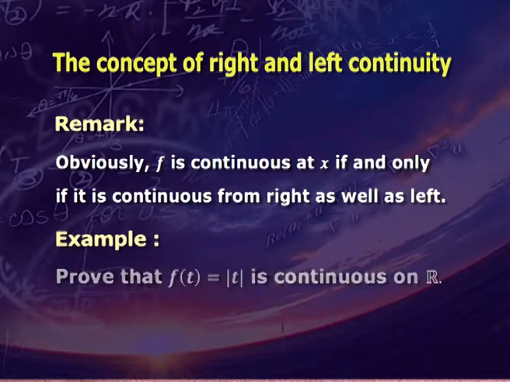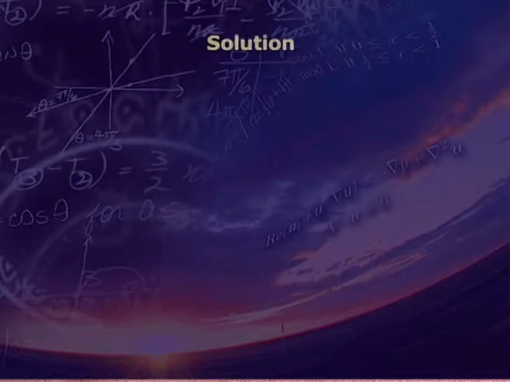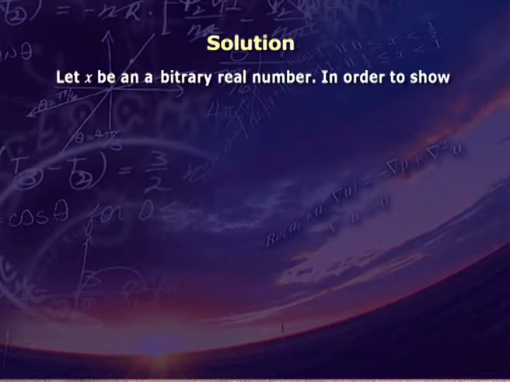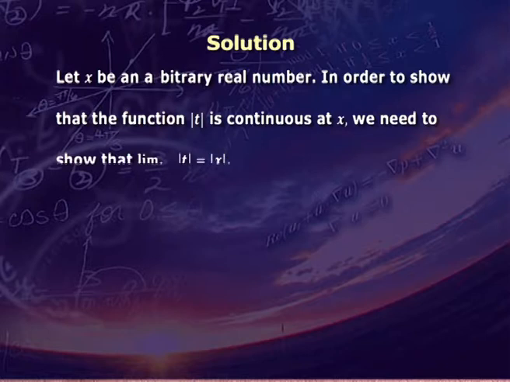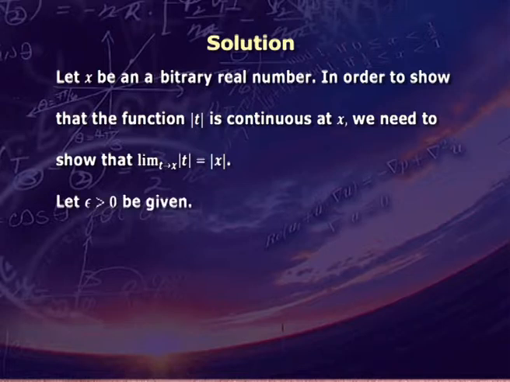Example: prove that f(t) equal to mod t is continuous on R. Solution: let x be an arbitrary real number. In order to show that the function mod t is continuous at x, we need to show that the limit of mod t as t goes to x is mod x. Let epsilon greater than 0 be given.